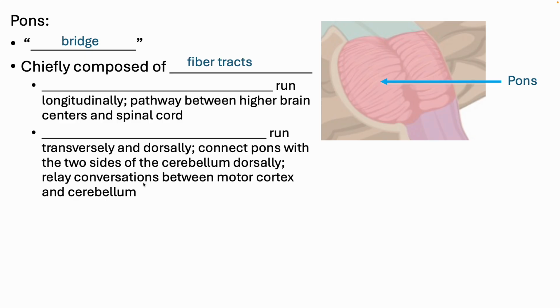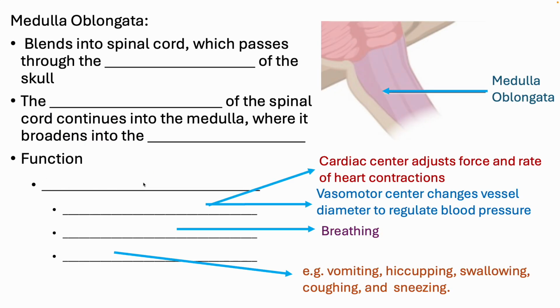They are oriented in two different directions. So you have deep projection fibers that run longitudinally and act as a pathway between higher brain centers and the spinal cord. And you have superficial ventral fibers that run transversely and dorsally, which connect the pons with the two sides of the cerebellum dorsally, and also help relay conversations between the motor cortex and cerebellum.